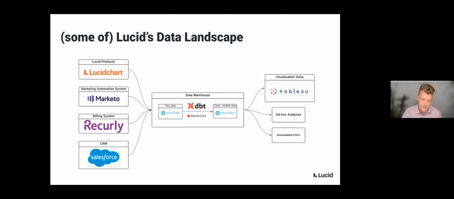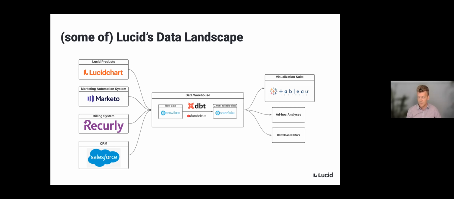So this chart describes just some of Lucid's data landscape. It's pretty typical and familiar to anybody who's seen a few of these. We grab data from our source of record systems, like our billing system, our own product, and we push that data into our data warehouse. Within the data warehouse, we clean and organize that data, mostly using dbt.